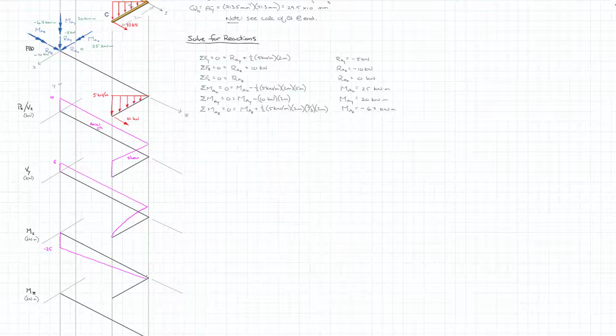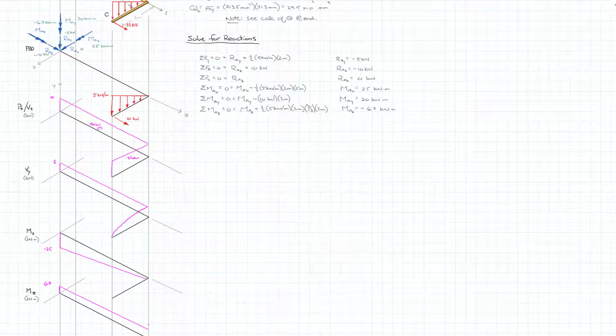And now we're going to have to look at the moment about the z-axis. And so it starts at negative 6.7. So again, reversing that for the positive face, our moment about z starts at a value of 6.7. So I'm just going to draw it in here. So 6.7. Now, first off, it's going to stay constant as we go between A and B. And so I can draw that in.